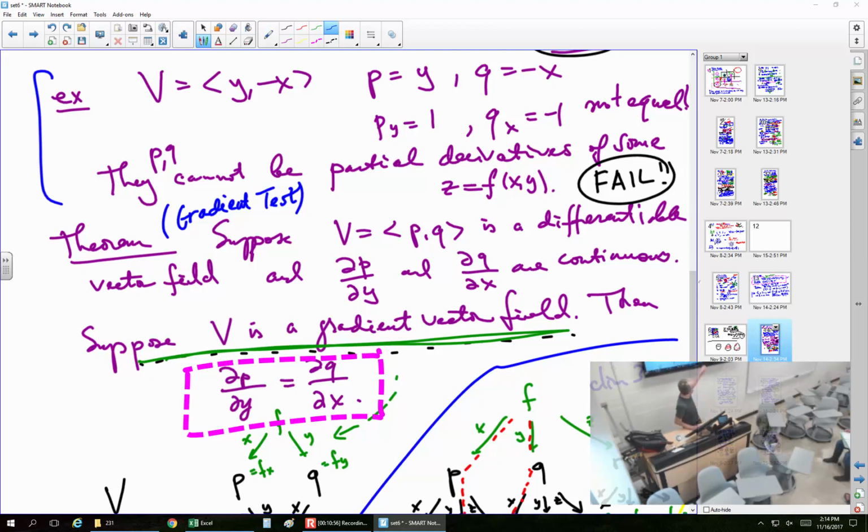So this is satisfied, right? So what's the conclusion? Well, we don't know that it's a gradient. If we know that A implies B, we can't say B implies A. But that is the conclusion. Okay.